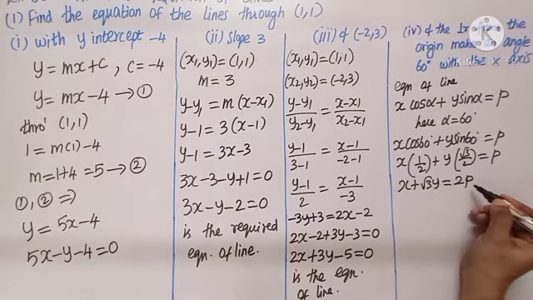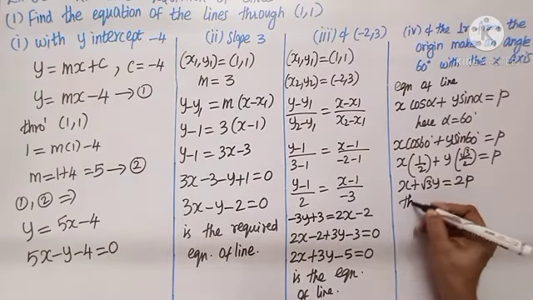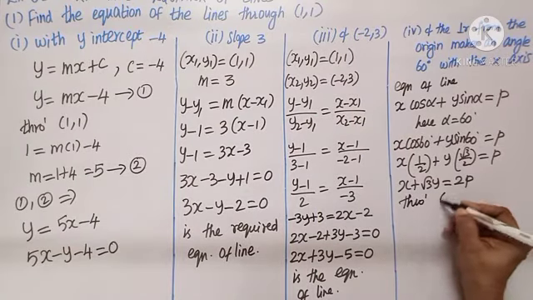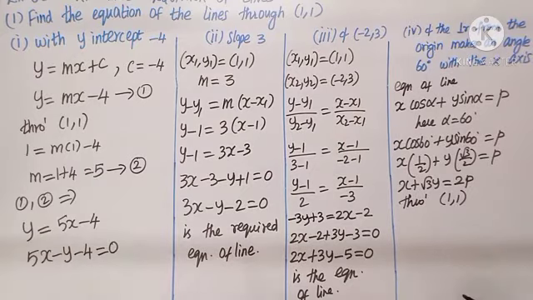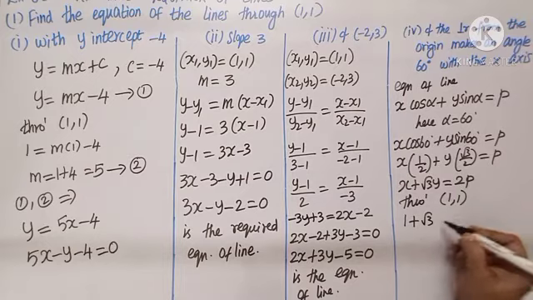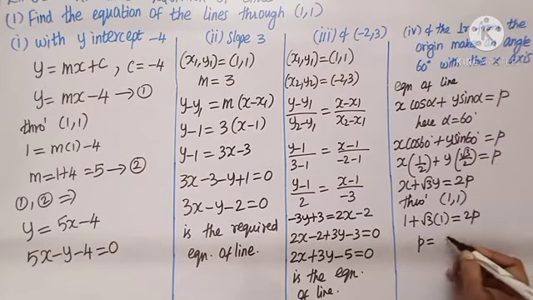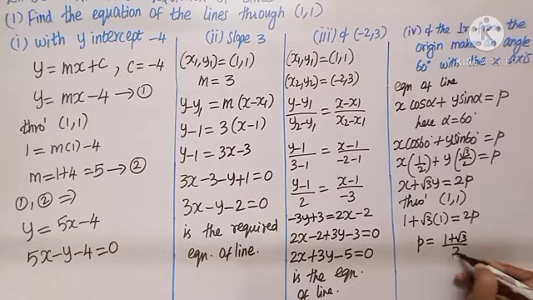How to find p? They have given passing through 1, 1. So this particular equation passes through 1, 1. Wherever x is coming, 1, wherever y is coming, also 1, that is 2p, or p equals 1 plus root 3 by 2.